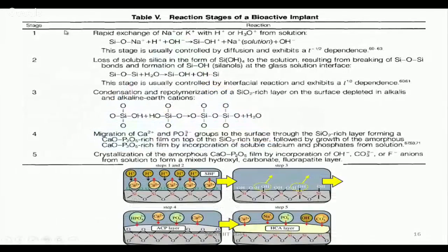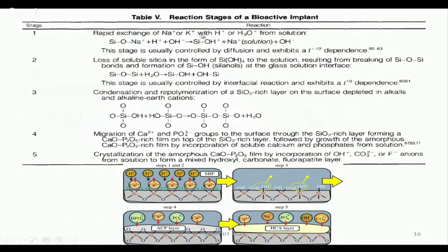So what you see here is the mechanism of bioactivation or bone growth formation. As you dip into the body fluid, water or body fluid interacts with the material, and there is silicon, oxygen, sodium bonding, and there will be quick ion exchange of sodium and potassium with H plus and OH.